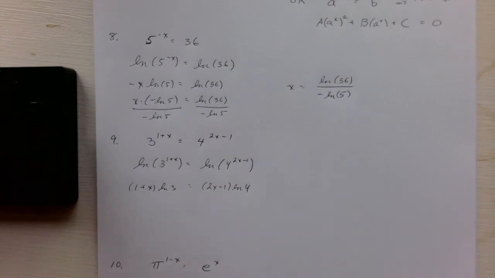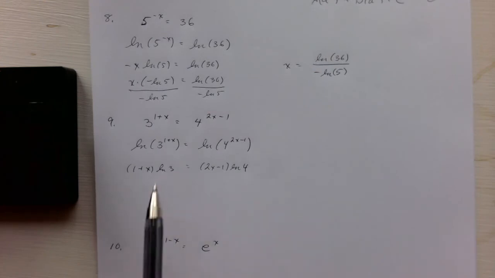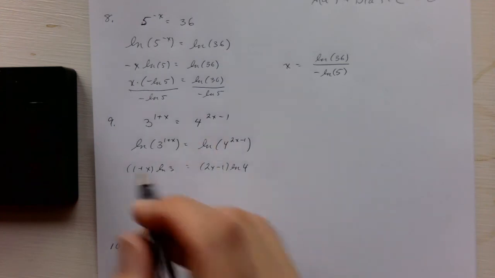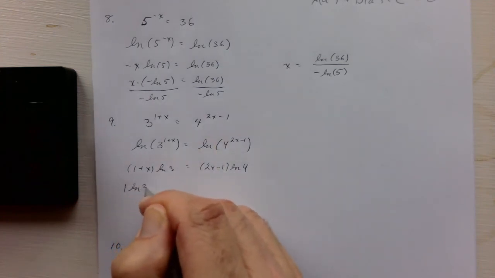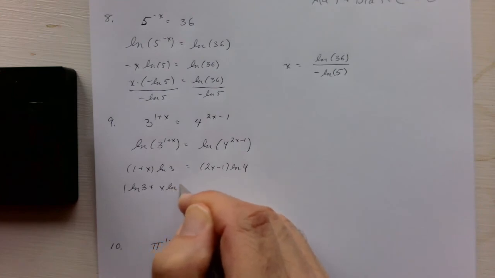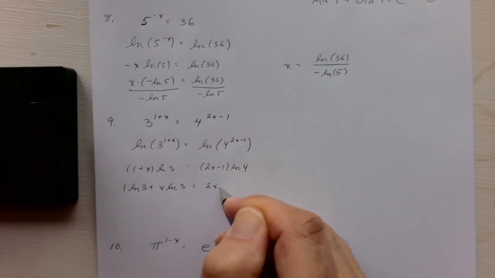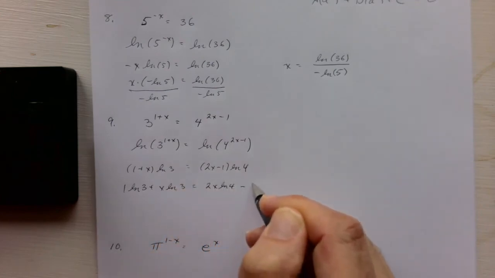We're going to treat them like constants. What we want is to distribute the logs and then collect all the x terms on one side. So this will be 1 log 3 plus x log 3 equals 2x log 4 minus 1 log 4.